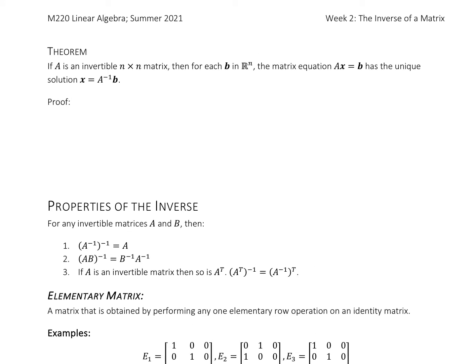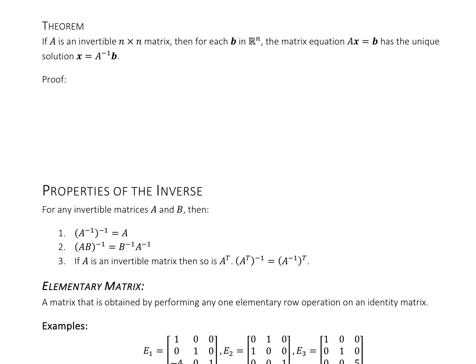Now we have a theorem, and here is where we're going to start connecting this idea of matrices and vectors back to what we were talking about in our systems. So if A is an invertible n by n matrix, then for our matrix equation AX equals B, the unique solution to that, so before what we had to do was we set up a matrix where we had A over here and then we had B over here, and we did our row operations to try and find what X would equal.